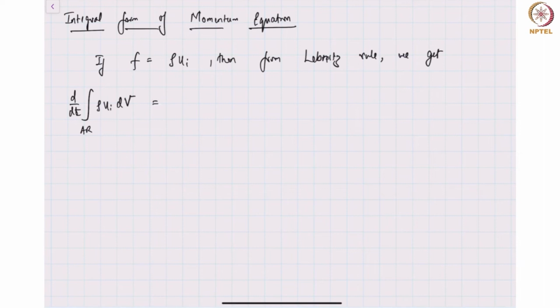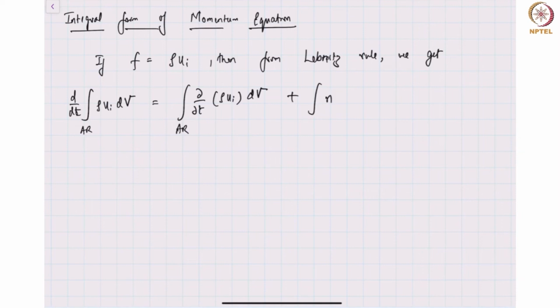that's my left hand side. The left hand side indicates the total change of momentum in the entire volume, which would be the local changes in momentum integrated over the whole volume, AR represents arbitrary region, plus the changes to the momentum across the boundary.